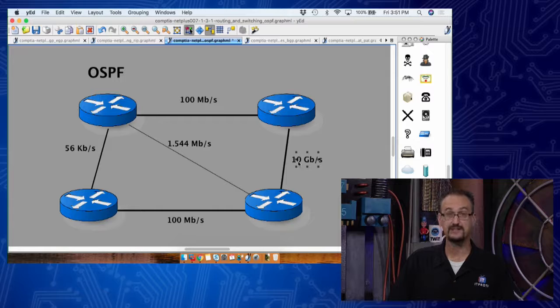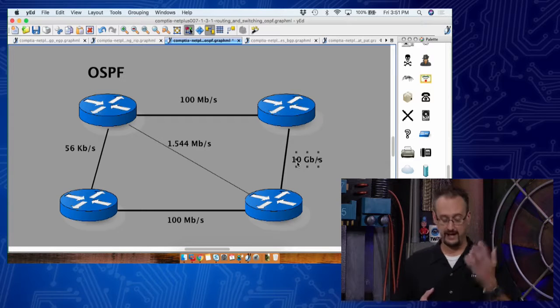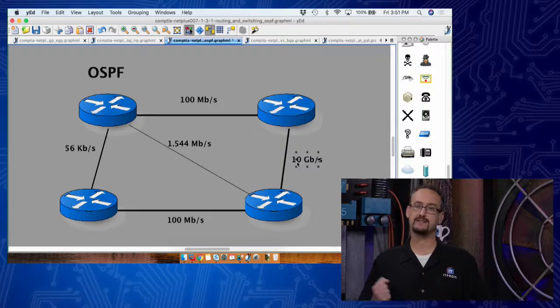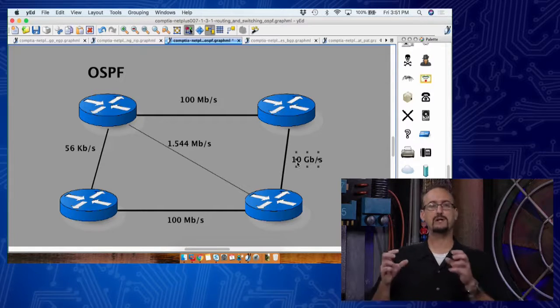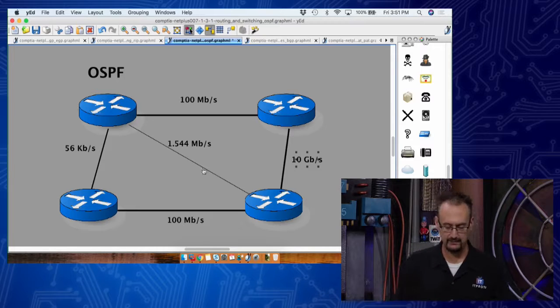Should I send this over a 10 gig link? Well, you'll notice that 10 gig link is obviously going to be faster than a 100 meg link. So the 10 gig link has more bandwidth. It could potentially be a better choice. So we look at the quality of the link, the speed of the link. Well, is that link up or is that link down? Again, the reliability of the link.